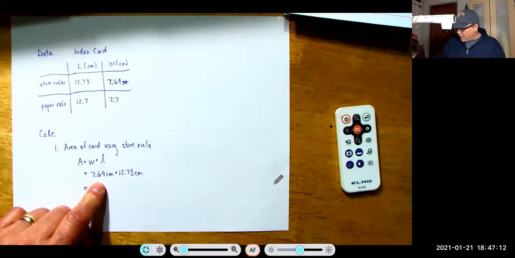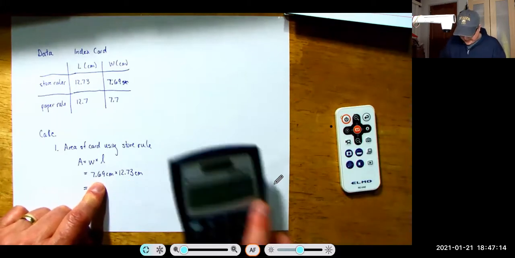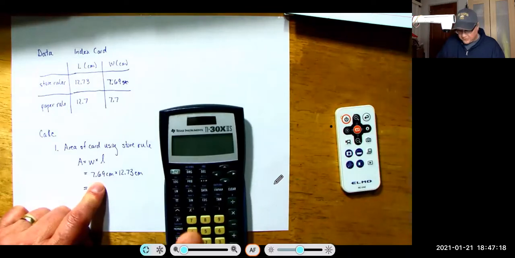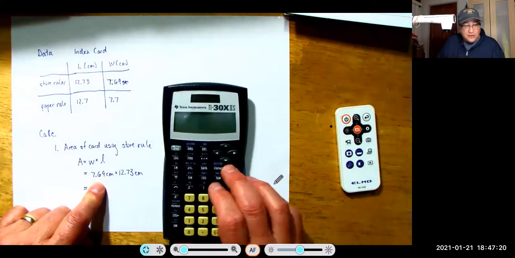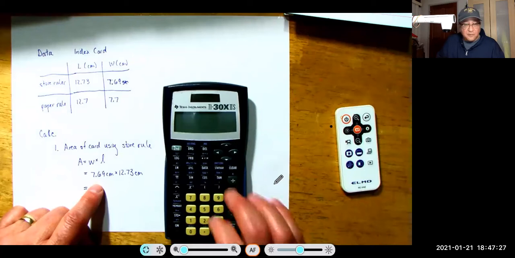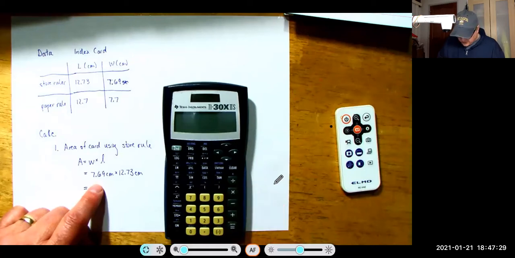And you might think, wow, do we get to do that in chemistry? And the answer is absolutely, to estimate the answer. So I'm estimating the answer should be close to 100. And let's see what happens when I put these numbers into my calculator. 7.69 times 12.73.